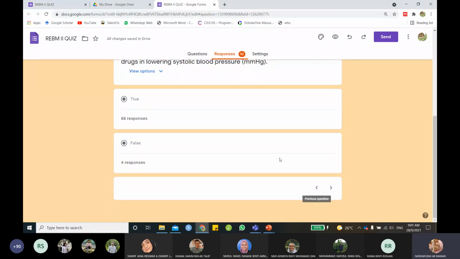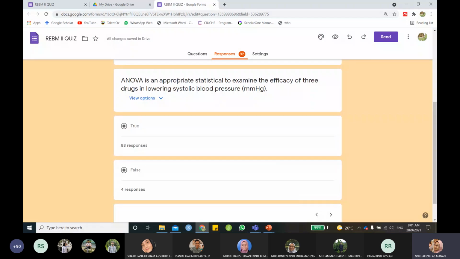Next question: ANOVA is an appropriate statistical test to examine the efficacy of 3 drugs in lowering systolic blood pressure. Most of you are correct. It's true. The next one: the only assumption for the chi-square test is that all cells must have an expected value of at least 5.